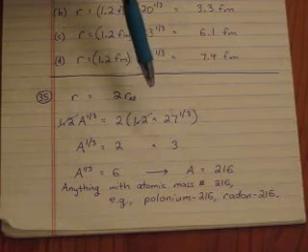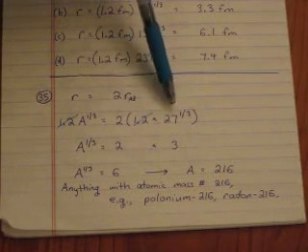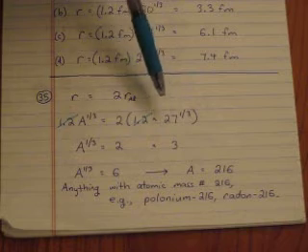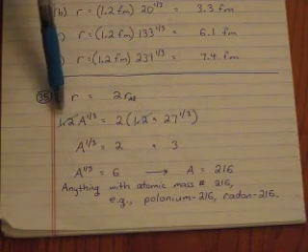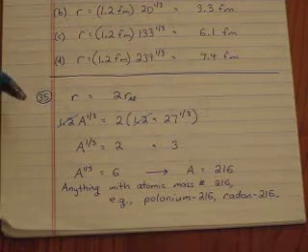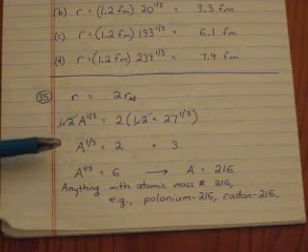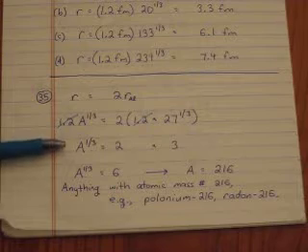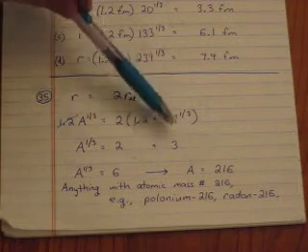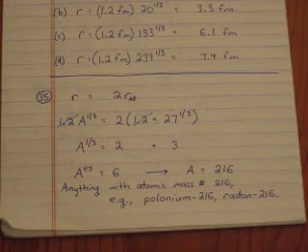Conveniently, the cube root of 27 is 3. That makes the math nice and easy. You see that the 1.2's divide out, and what we're left with is the atomic mass number of the mystery nucleus. The cube root of the atomic mass number is equal to 2 times 3, which is 6.